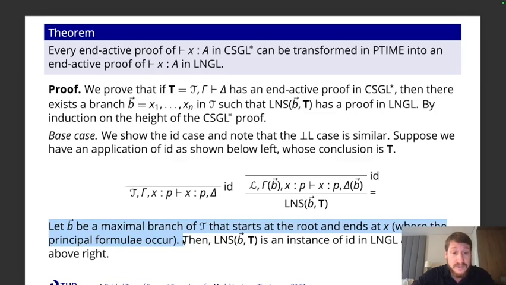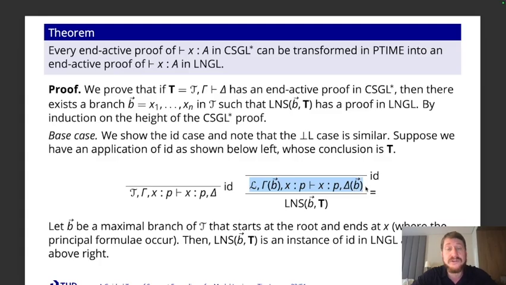We're going to let B be the branch in T that starts at the root and ends at x, where these two principal formulae, xP, occur. If I do that, my line sequent has the following shape. And I have these two copies of xP, one in the antecedent, one in the consequent. This is an instance of ID, so this line sequent is provable as well in my line sequent calculus. All right? That's the base case.